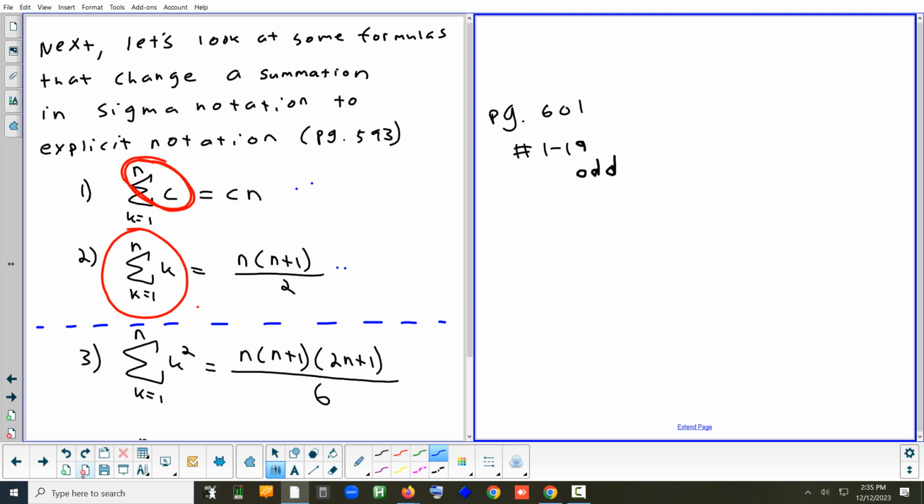All right, so we'll do 1 through 11, odd, and then tomorrow we'll finish the 13 to 19, and then there's a little bit more. Okay, so just 1 through 11 odd for tonight.